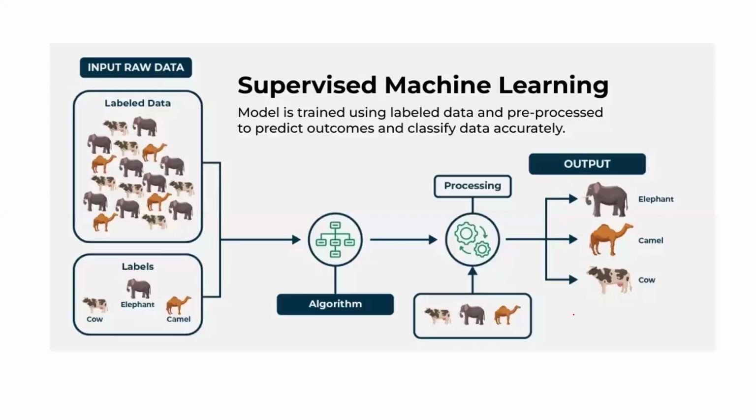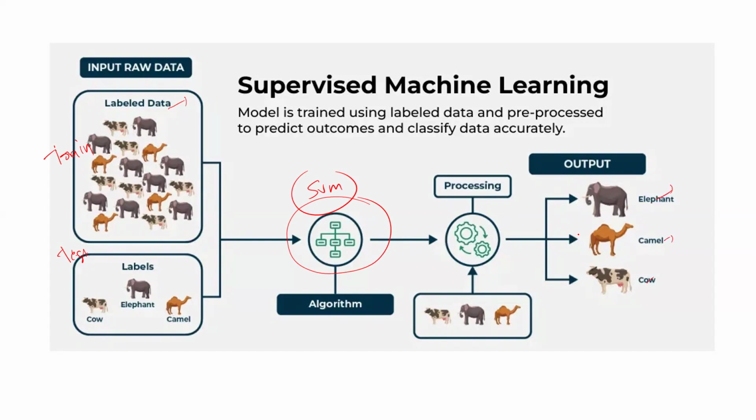Let's see one simple example. Let's say I have labeled data, train data and test data, sent to the algorithm. This is my SVM. It will be trained using all these steps. After processing, it will very clearly classify the elephant, camel, and cloud.